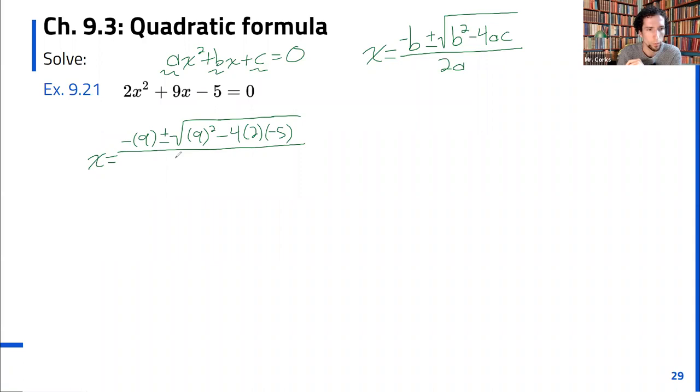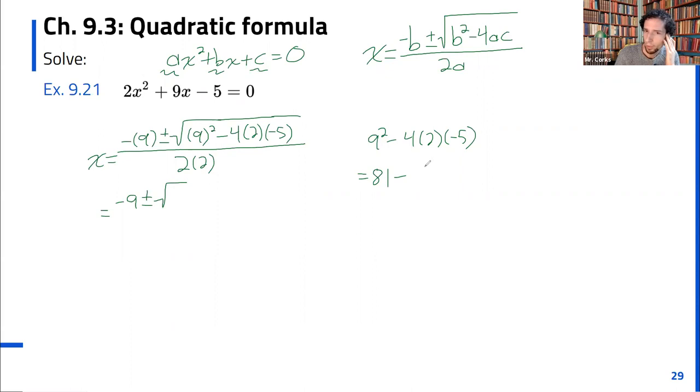And all of that over 2 times 2. All right, -9 plus minus square root of 81. I don't feel like writing that all out a bunch of times. Let's just do that on the side here. 9 squared minus 4 times 2 times -5. 81 minus, what will this other part work out to? 45.